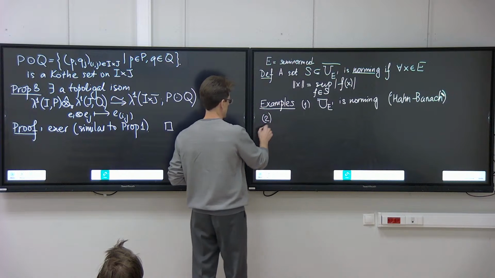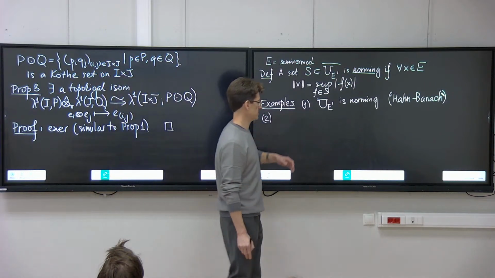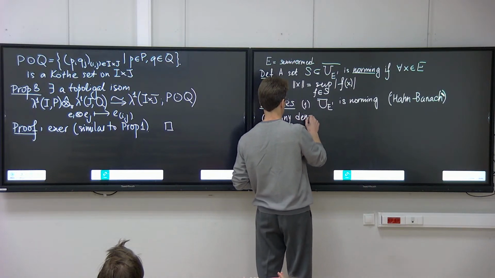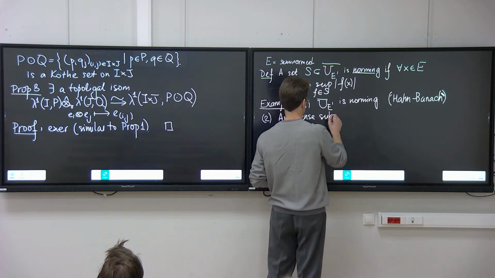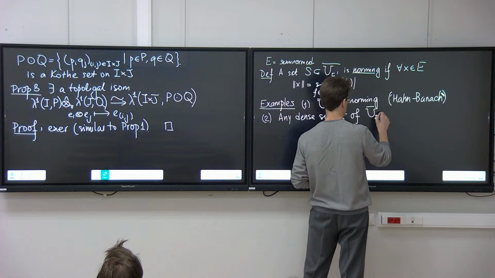Also, it's more or less clear that an arbitrary dense subset of the unit ball is also norming.